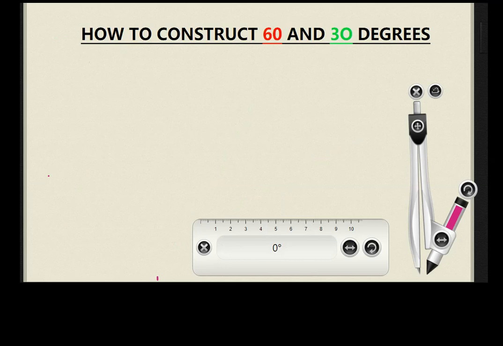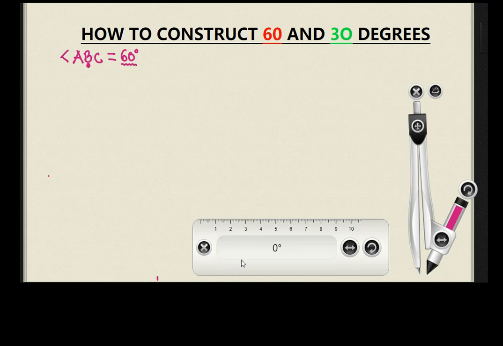Now the next step, I want us to construct 60 degrees. To construct 60 degrees, let's say that our angle ABC equals 60 degrees. Now you're going to construct that angle you are being told.